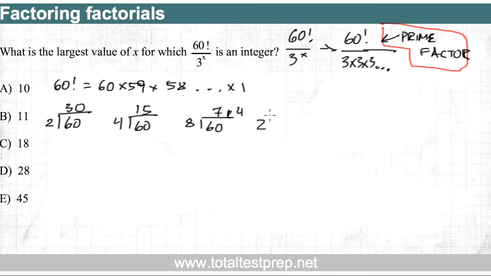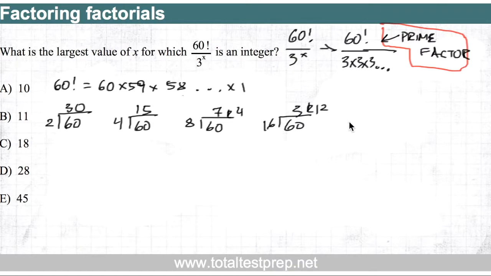Then we ask ourselves, how many times does 2 to the 4th go into 60? Well, 2 to the 4th is 16. 16 goes into 60 3 times, it's 48 with a remainder of 12.